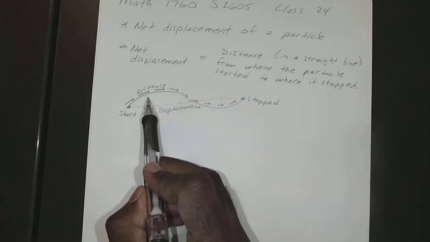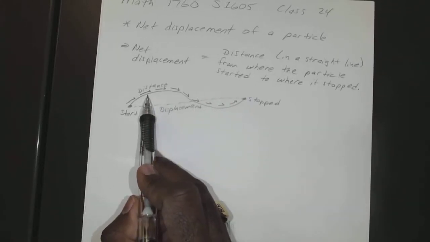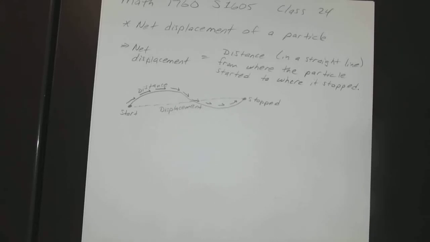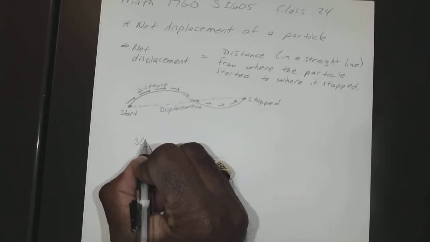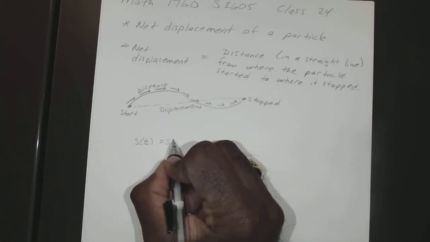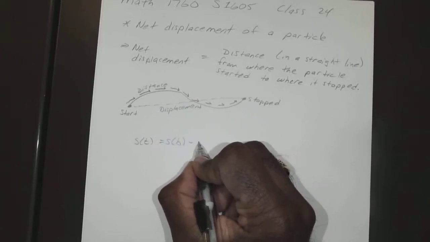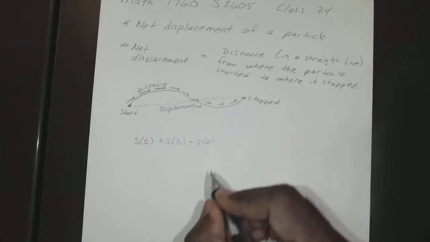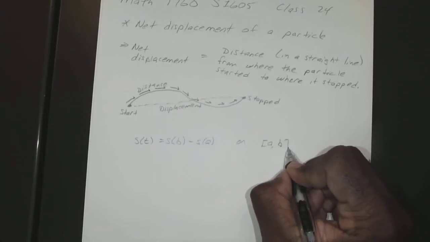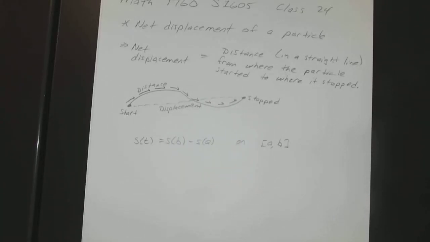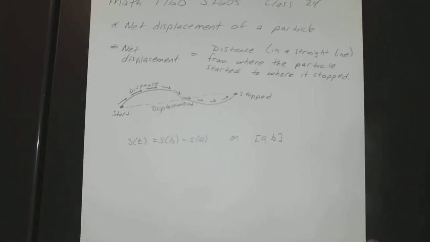Okay, so let's say we're going to go from some point S of A to some point S of B. So our net displacement will equal S of B minus S of A on the interval from A to B. Straighten that up a little bit.